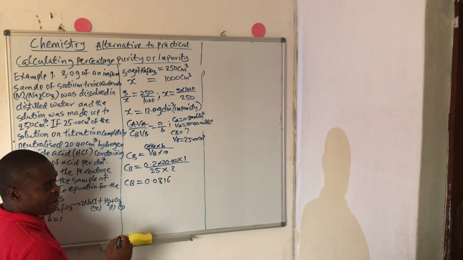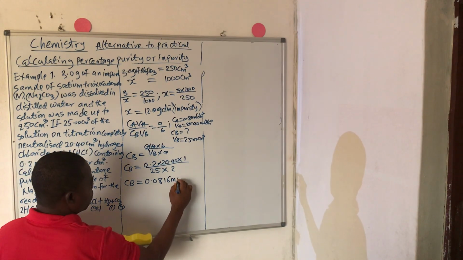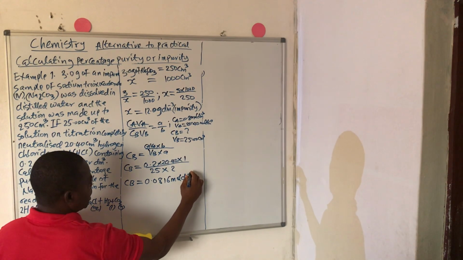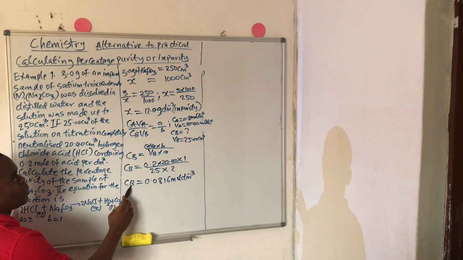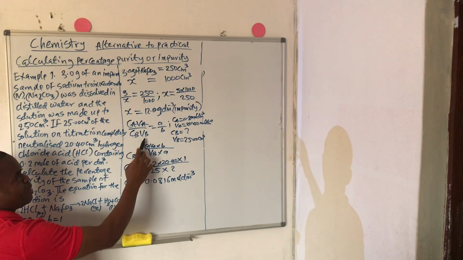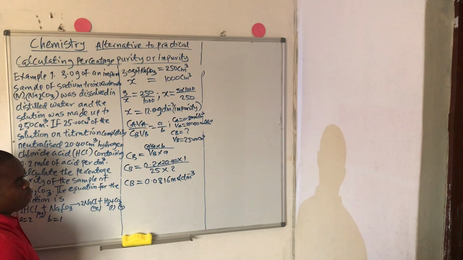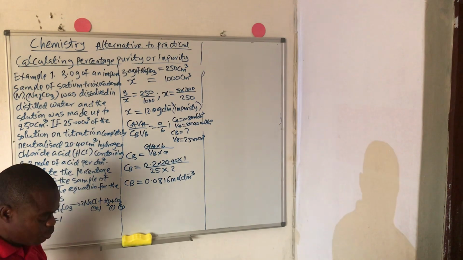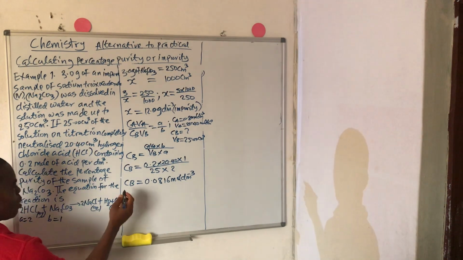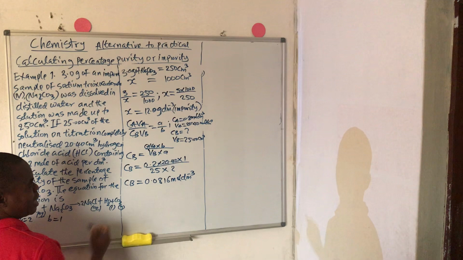But remember the unit, mole per dm cube. CA and CB are in mole per dm cube, and VA and VB are in cm cube, or dm cube if you have converted it. So this is the idea. Now this is the value of the pure component of sodium trioxocarbonate(IV) that actually reacted.